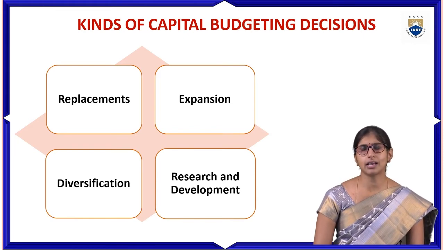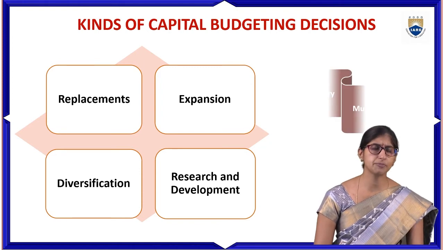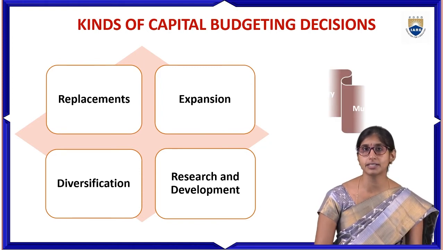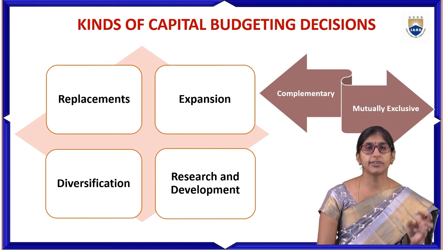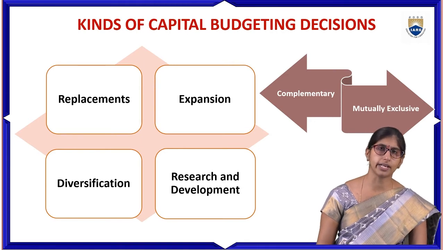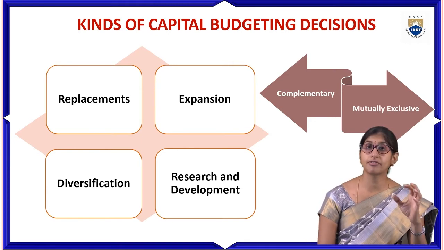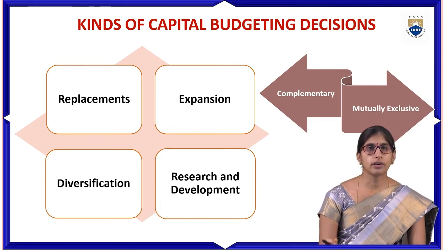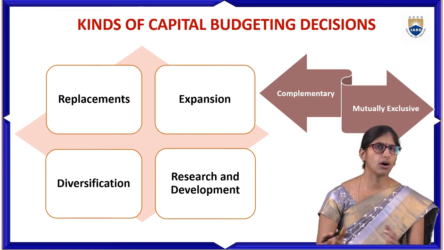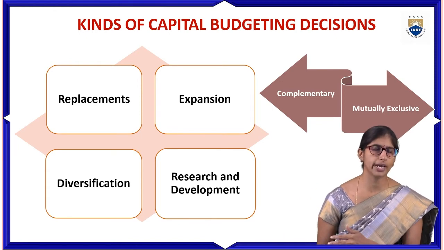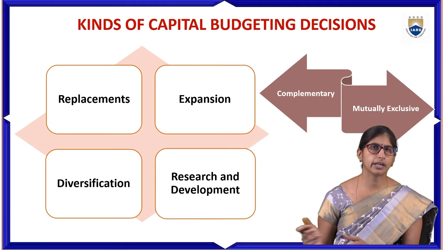We also see different types of projects: complementary projects or mutually exclusive projects. If it is a complementary project, for example, when we have decided to construct a particular building, in that building we are going to start an institution. When the institution is running, definitely we require some canteen or cafeteria facility.